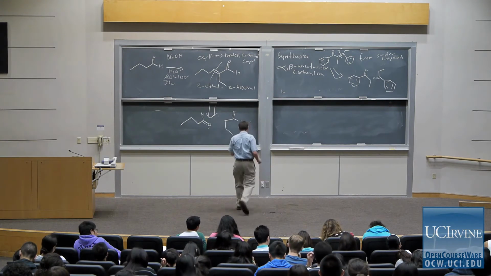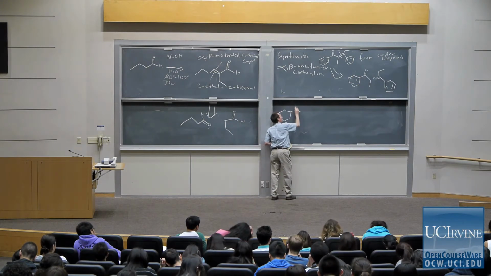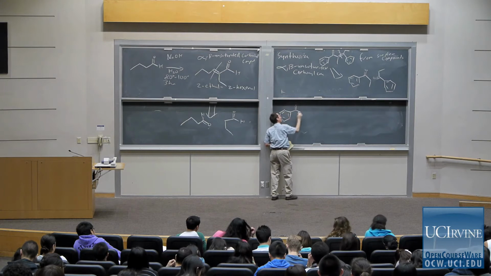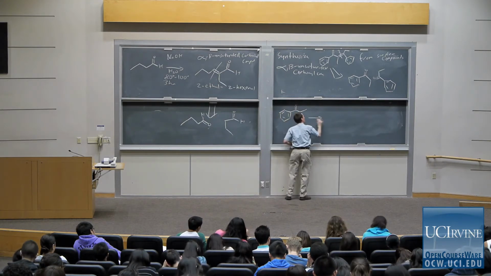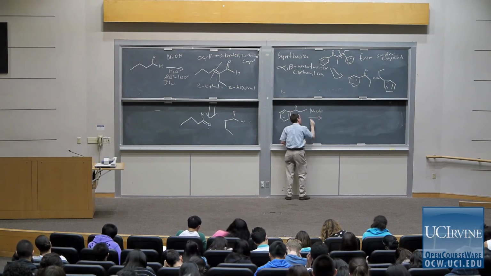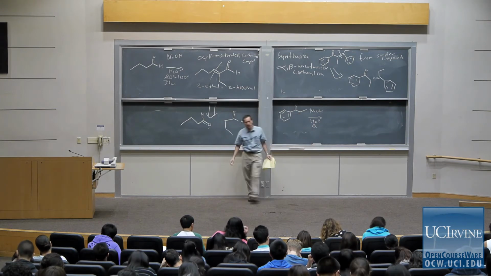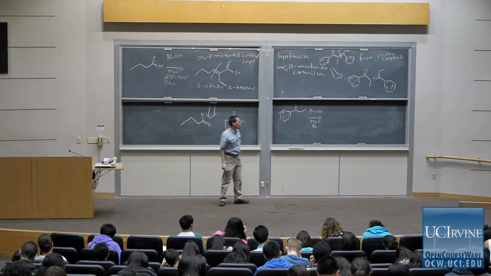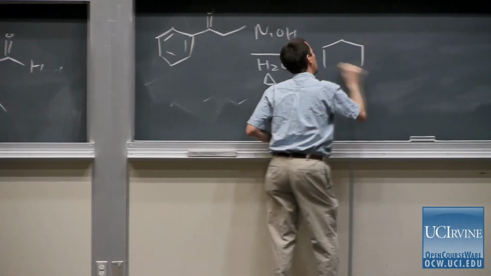So now we've learned about one set of conditions for the Aldol reaction with dehydration. And so basically we'll just take our propiophenone and our favorite sodium hydroxide. Honestly, you could use potassium hydroxide interchangeably, water as a solvent or water alcohol mixtures, and heat.